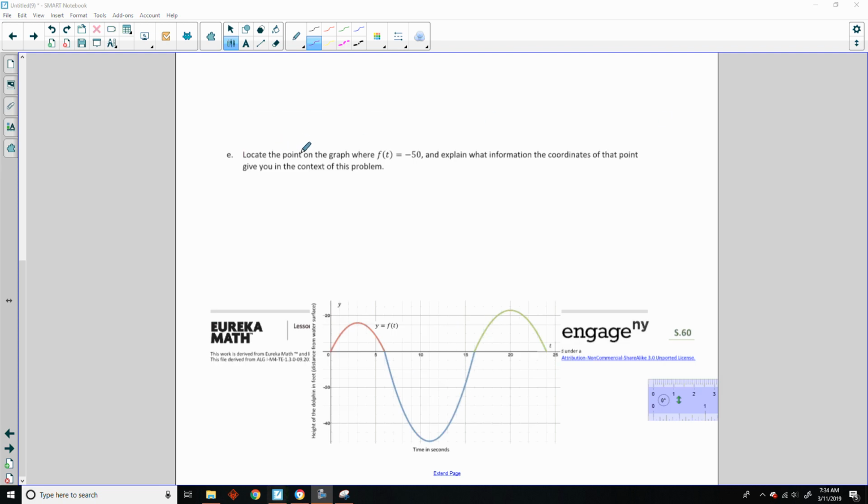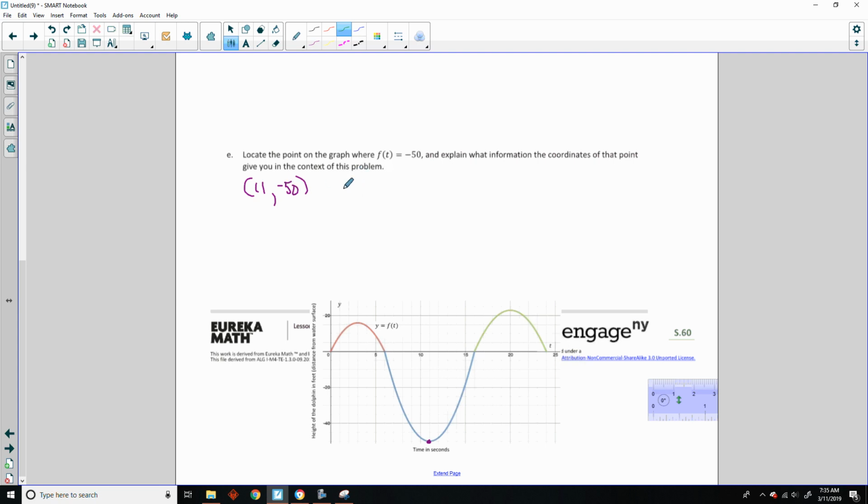Part D says, locate the point on the graph where f of t equals negative 50. So f of t, here's negative 40, negative 45, negative 50 would be right here. And explain what information the coordinates of that point give you in the context of the problem. So f of t equals negative 50 is at the point (11, negative 50).